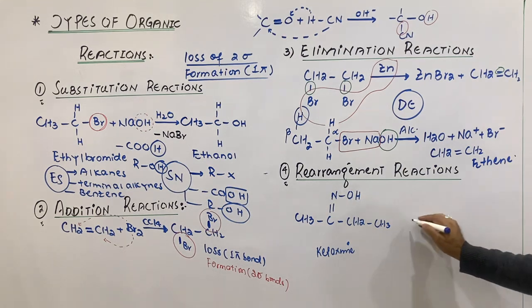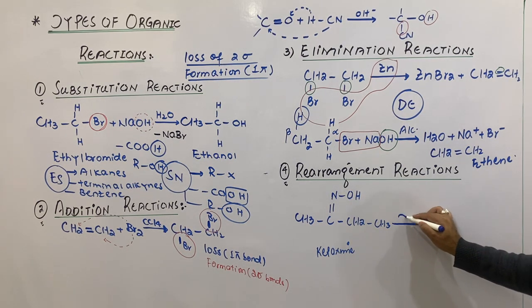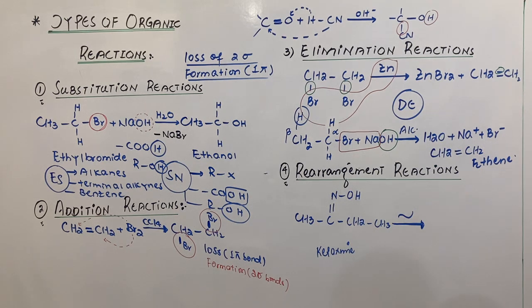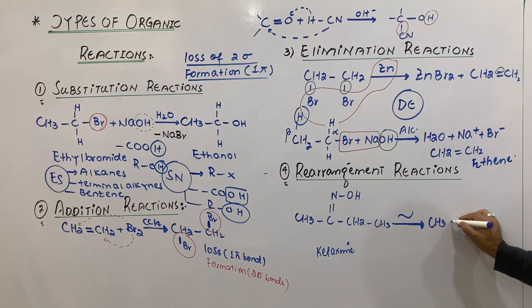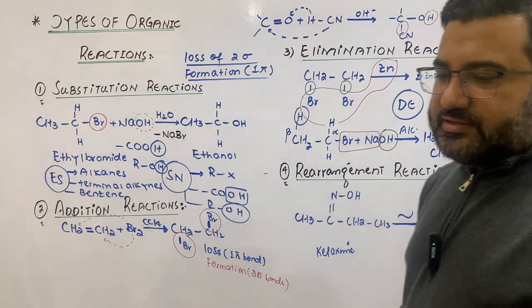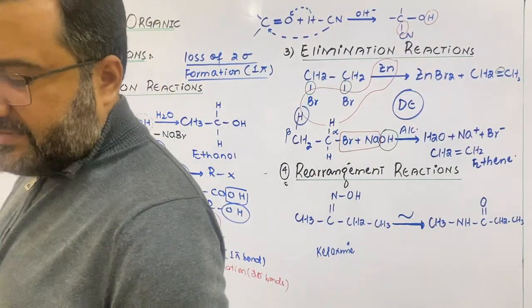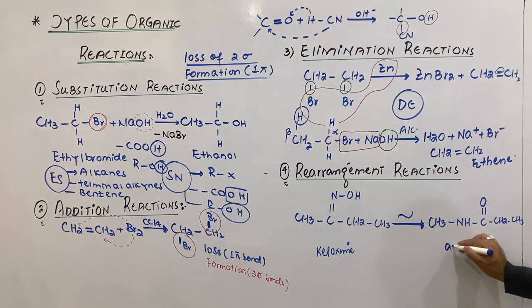Now, my dear students, the rearrangement takes place, and usually at the top of the arrow, we will show the sign of the rearrangement. Now, after rearrangement, you will get CH3, NH, O, CH2, and CH3. So this product is produced, which is basically an amide.